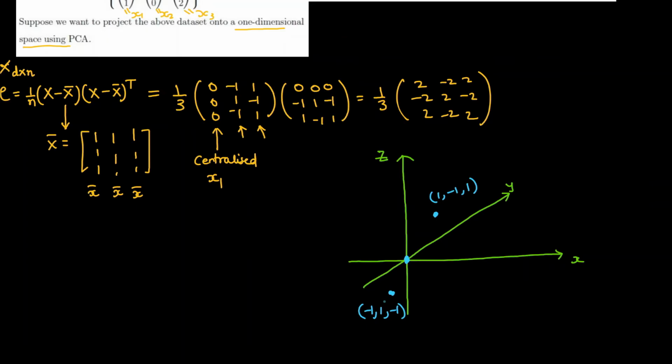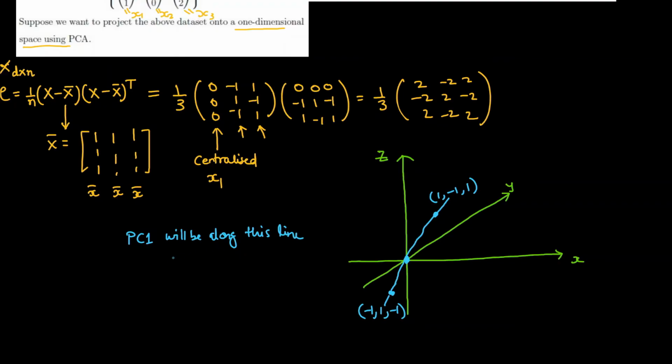Now, one thing to be noticed is that we can actually join them on a straight line, okay? Since these three data points are collinear, this is the line which crosses through all these points, right? So the principal component 1 will be along this line, the blue line, okay?